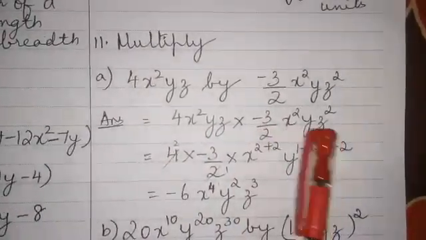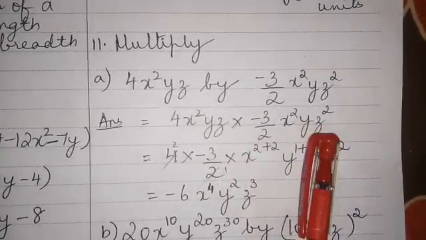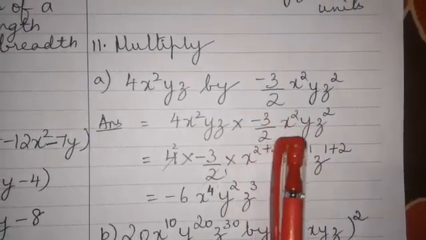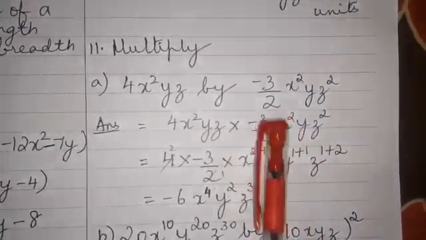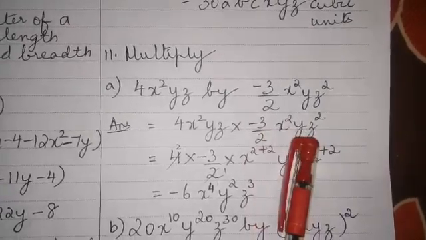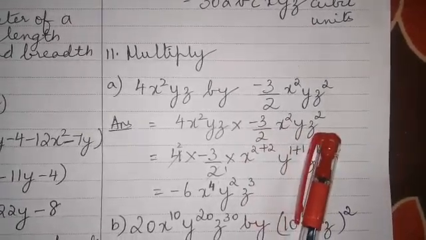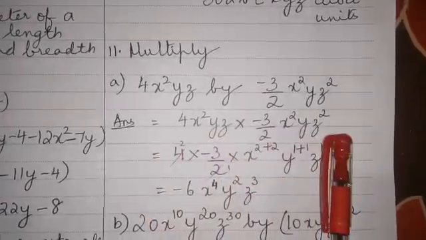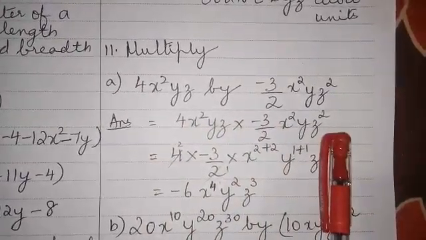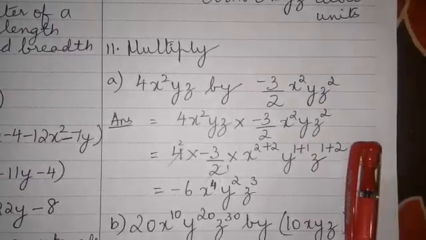We don't see the multiplication sign here between the terms, but that's what it means. When we write minus 3 by 2 x², it means it is minus 3 by 2 into x² into y into z². So which means it's a product throughout. It's multiplication everywhere.